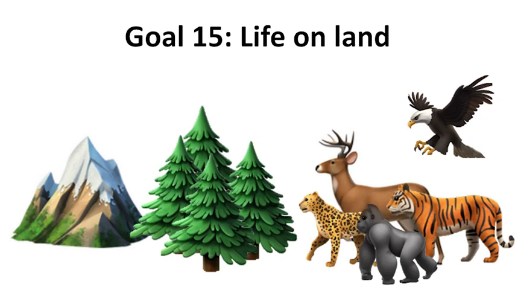A land degradation neutral world can be reached by restoring degraded forests and land lost to drought and flood. Goal 15 calls for more attention to prevent invasion of introduced species and more protection of endangered species.